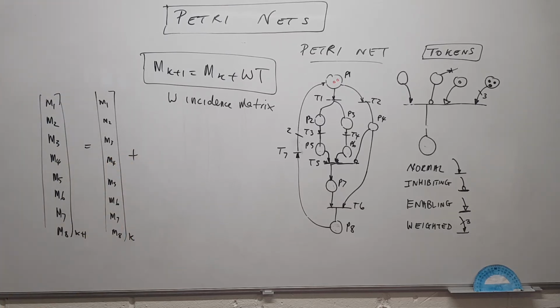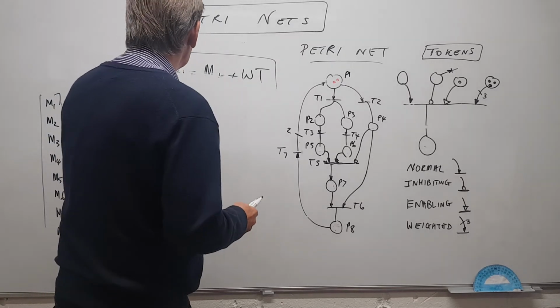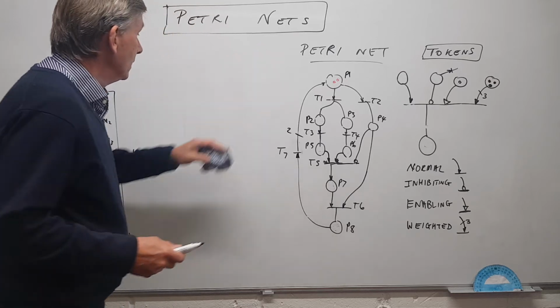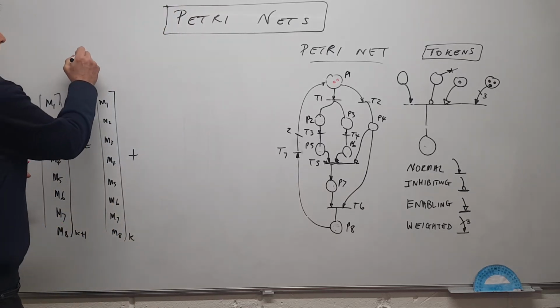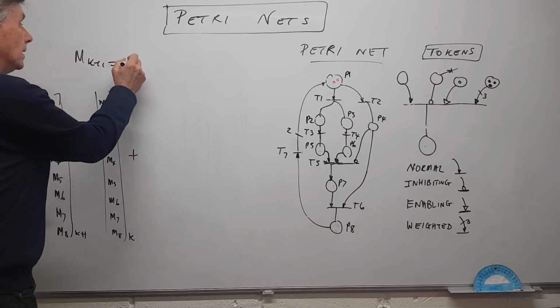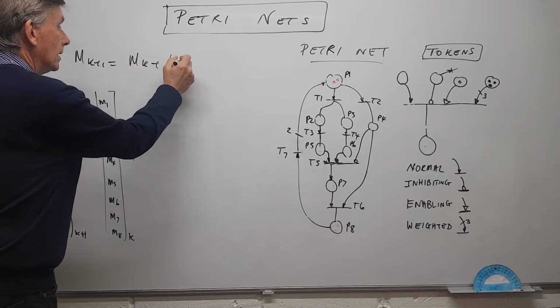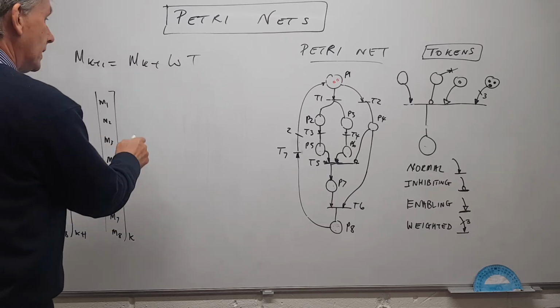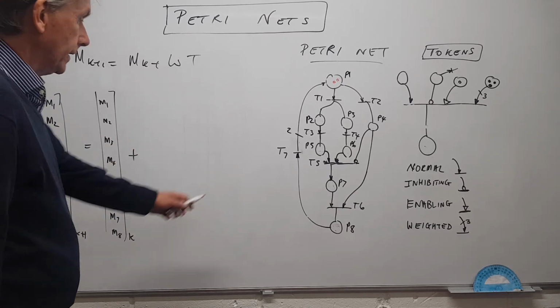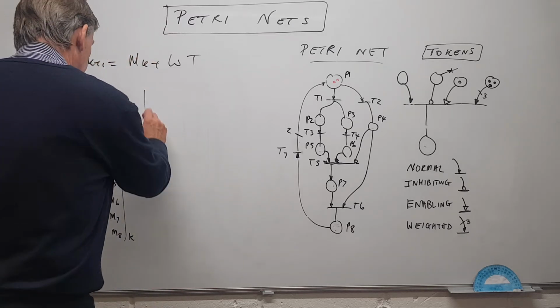and now we need a W and a T in there, so not got quite enough room in here, so I'll just rip this out. That's what's handy about a board. Remember, the equation is M(k+1) is M(k) plus WT, where W is the incidence matrix. So in this particular case, I've got 7 transitions.